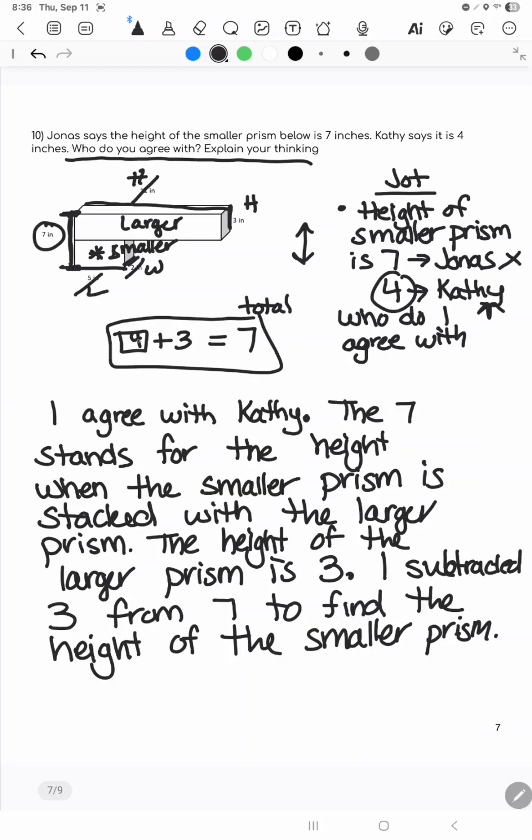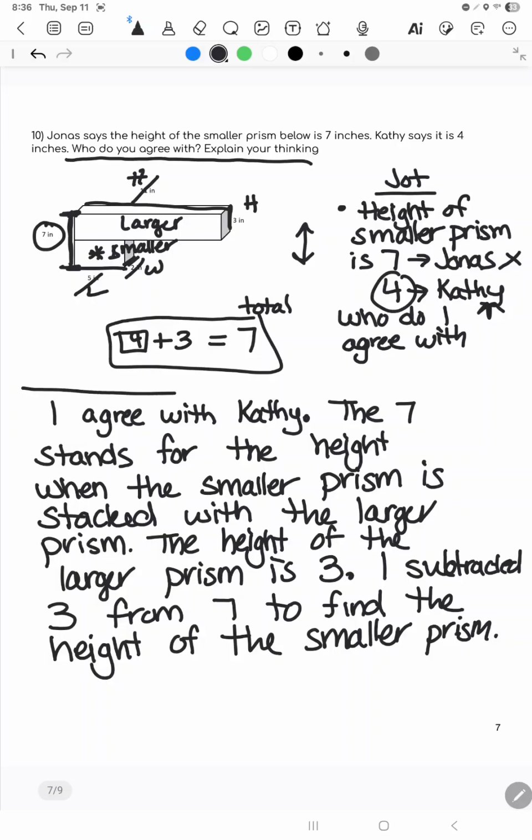I know that my addition helped me here, but the way I solved it, friends, is I did 7 minus 3 is 4. You could also have written, I know that the unknown smaller amount plus 3 is 7, but you can see now we answered all the parts of the question.